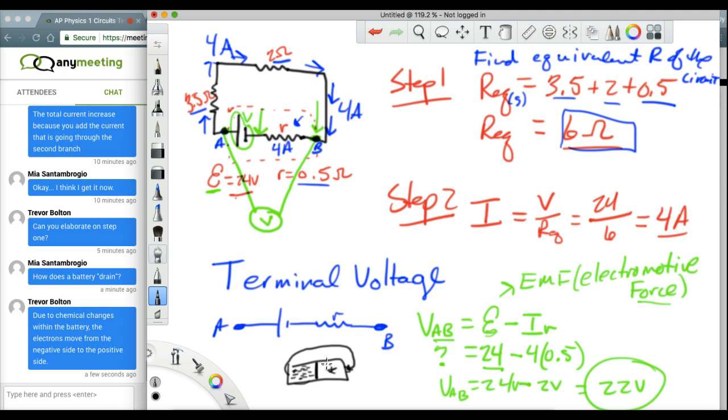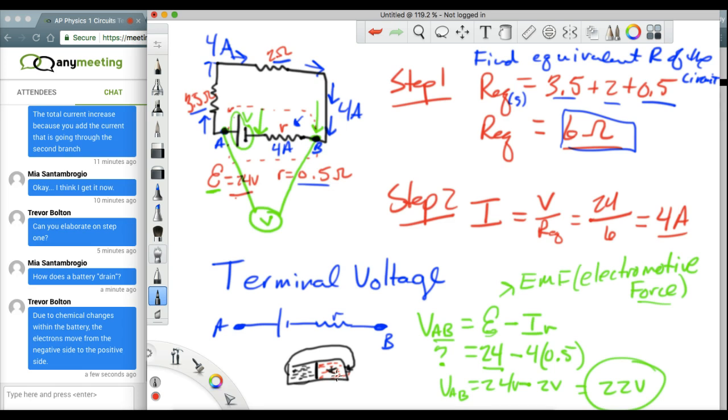So when a battery drains, pretty much all of the electrons have been moved to the other side. And now they're at a lower overall potential, and they're where they would rather be.